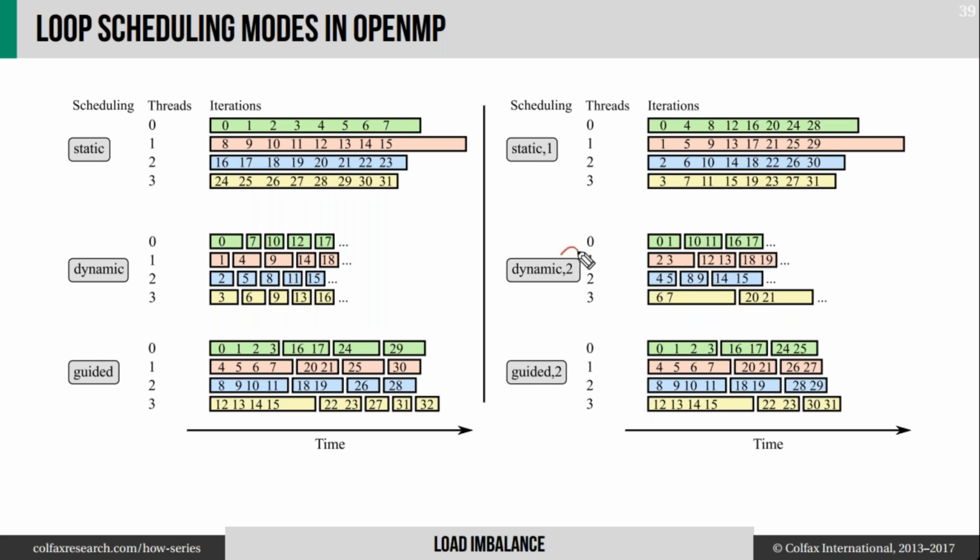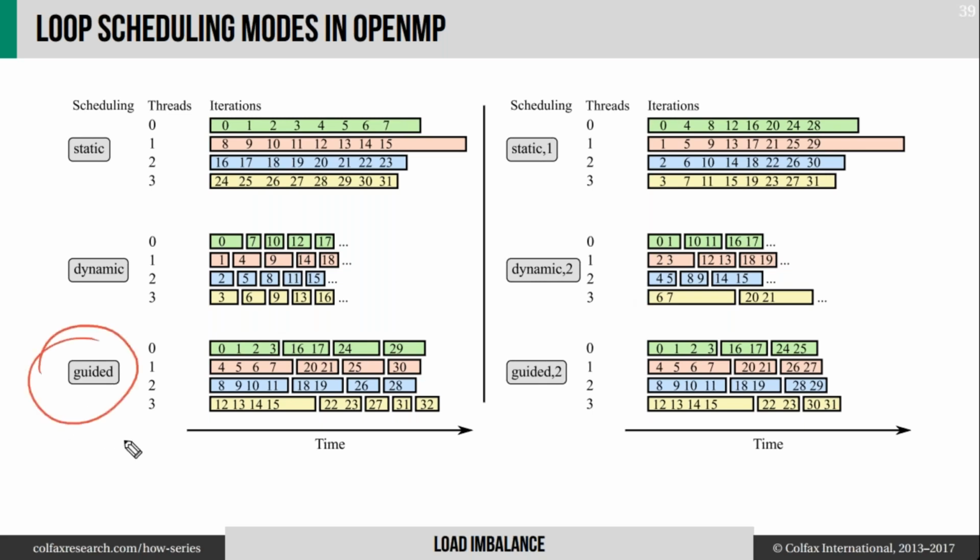By tuning the chunk size, you can find a trade-off between load imbalance and scheduling overhead. If the chunk size is small, you have good balance but high overhead. If the chunk size is large, you may not have enough chunks to populate all threads, so you have poor load balance but low overhead.